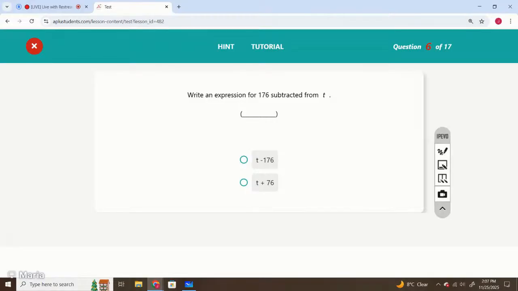Write an expression for 117 subtracted from t. That is t minus 117, t take away 117. Option number 1 is the correct option.